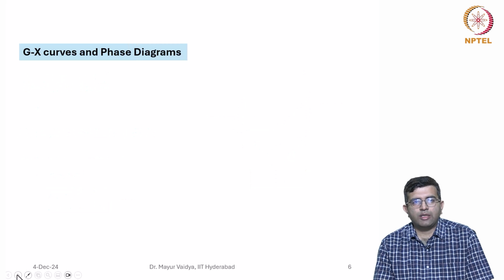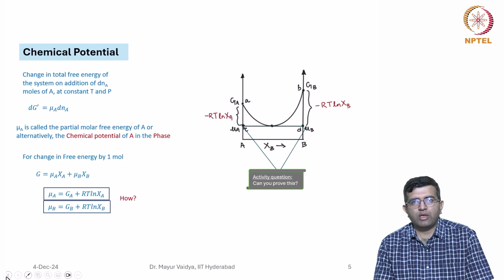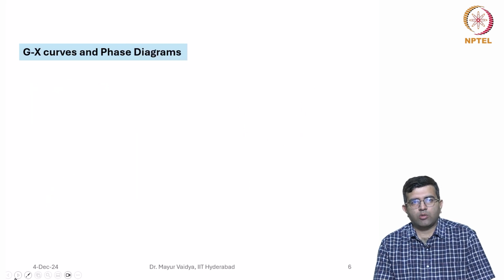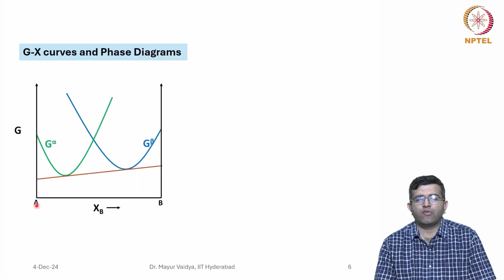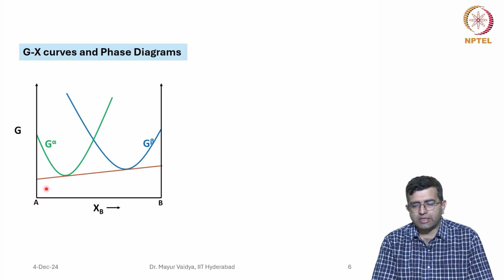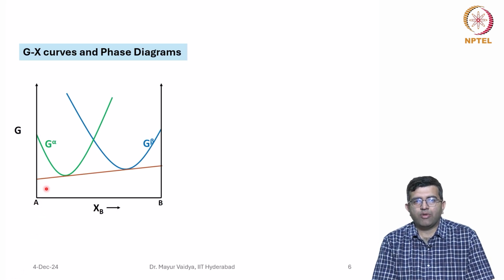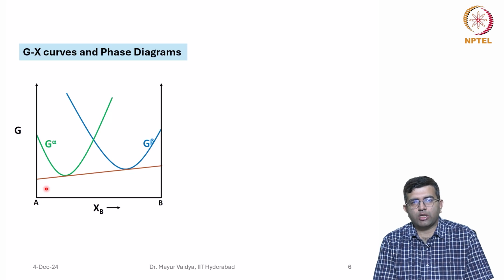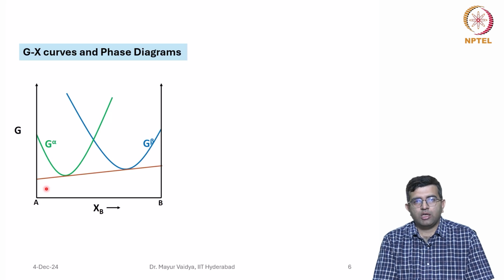Now, so far we saw a single phase or single free energy curve, but in quite a lot of situations two phases exist together. I just gave the example of steel where alpha and Fe3C exist together. Several examples can be given where more than one phase is in equilibrium.